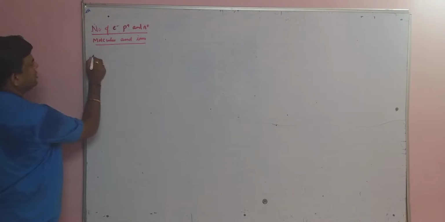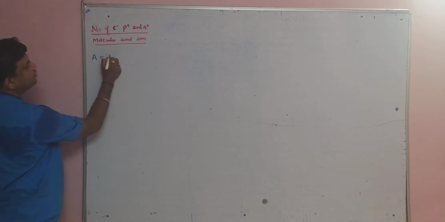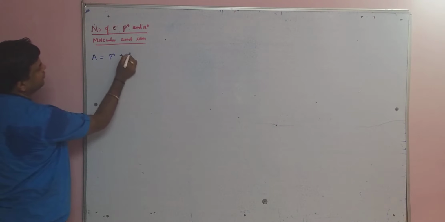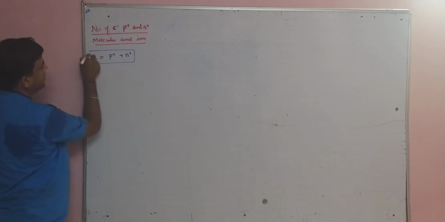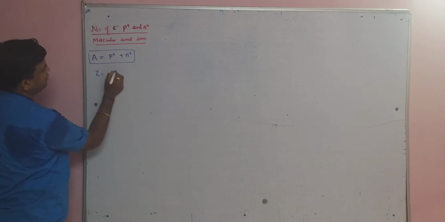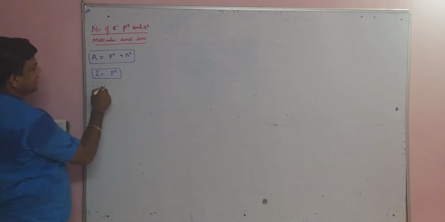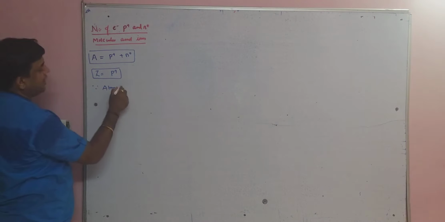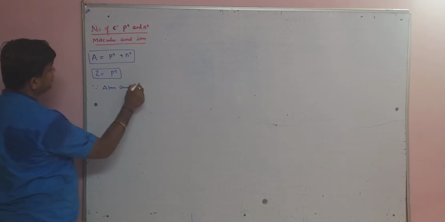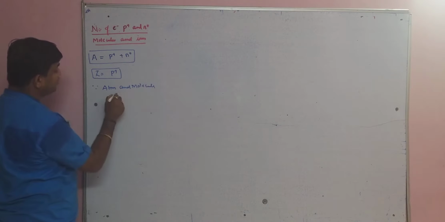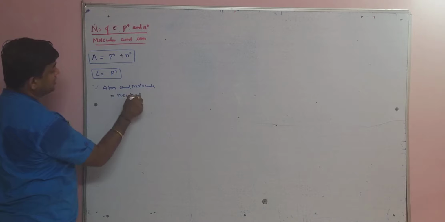If I recall, A is equal to the number of protons plus the number of neutrons, and Z is equal to the number of protons. This is clear. Both the atom and the molecule are neutral in nature.